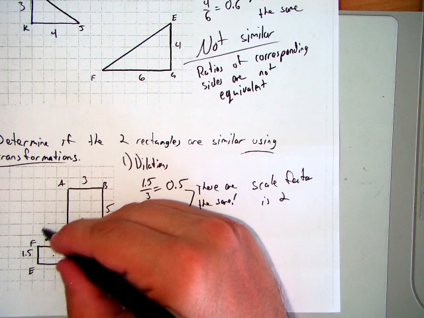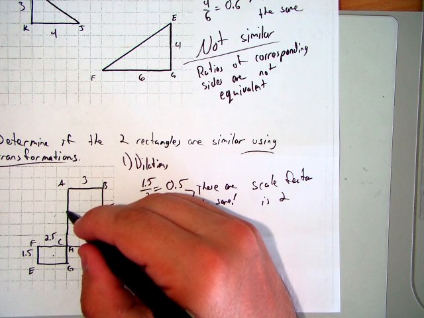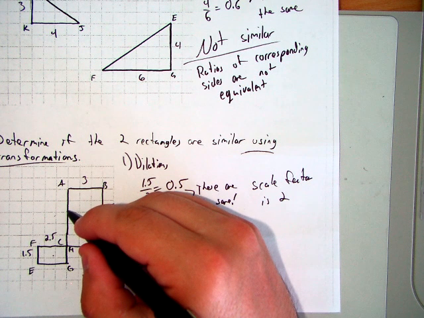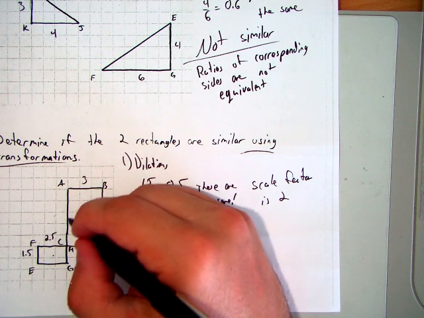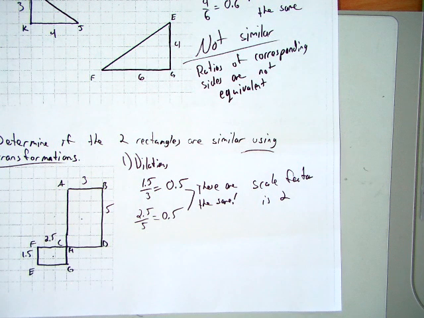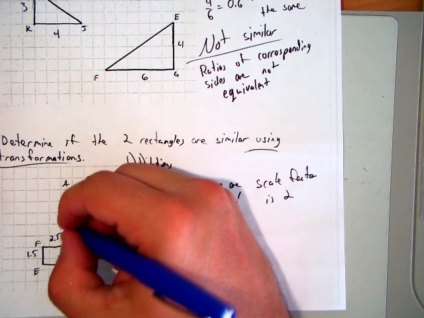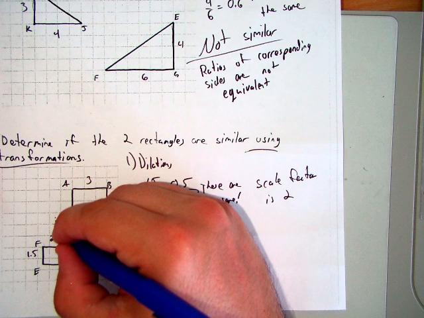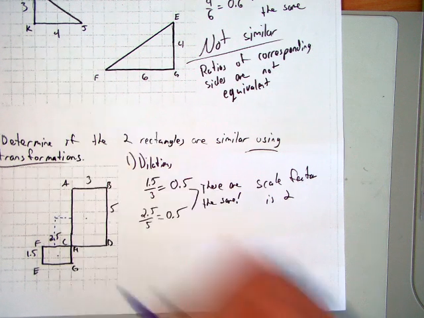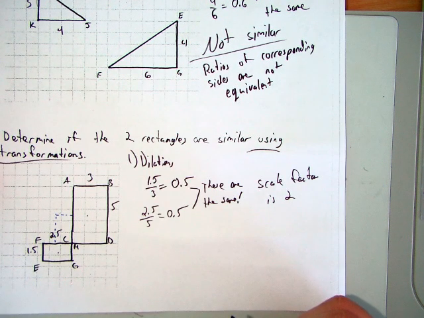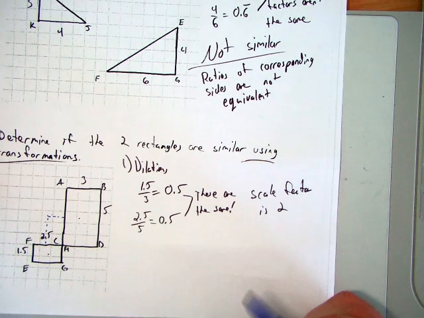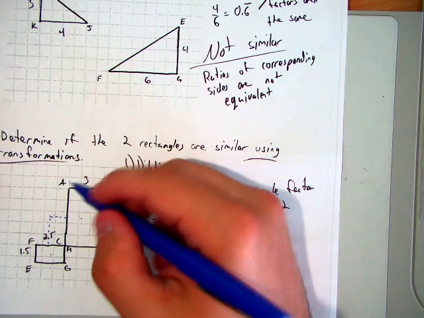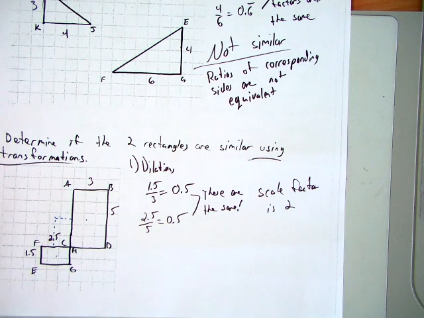Next, we'd have to do a 90-degree rotation clockwise, because we'd want to get this to look up here. So after we do that 90-degree clockwise rotation, I would have a shape that would look like that now. Scale factor of 2, it would be the same size, and then I would need to translate it over.